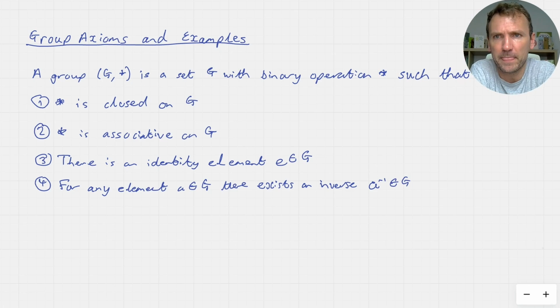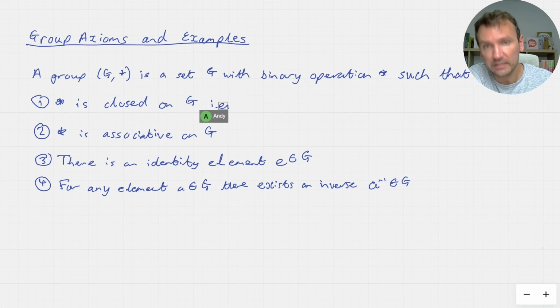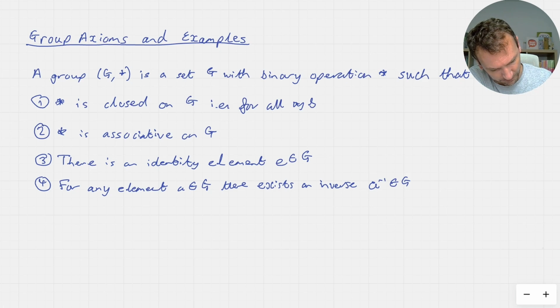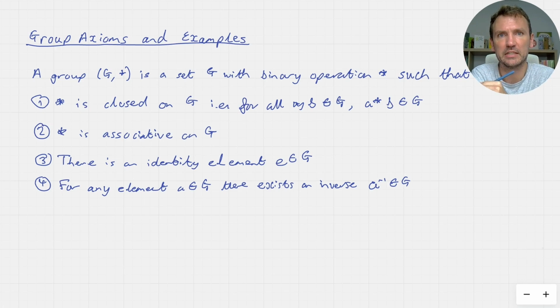So I'm going to talk through these 4 rules, and I'm going to add a little bit of information as we go through. The first one follows on from what I mentioned in the first video, which is closure. If we have a binary operation and we're saying it's closed on G, what that means is that for any 2 elements, for all elements A and B belonging to some set G, if we do A star B, our answer will still be within G. So that's closure.